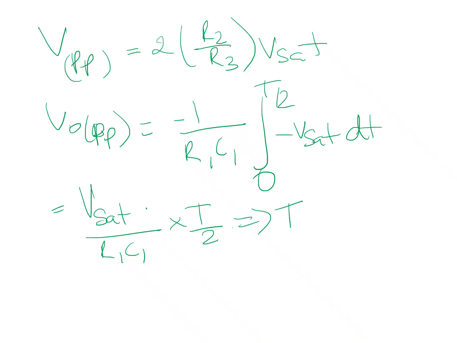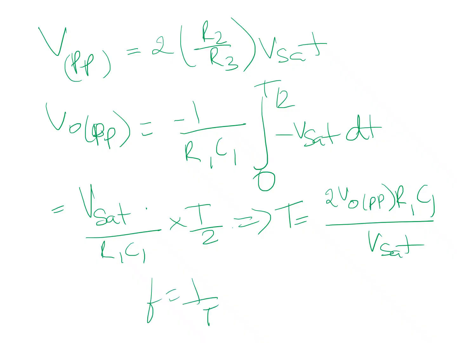Therefore, the total time period generated is equal to 2 times of V naught peak to peak into R1 C1 divided by VSAT. We know F is equal to 1 by T, therefore the output frequency of the circuit is R3 divided by 4 R1 R2 into C1.